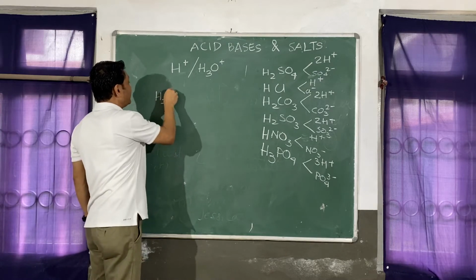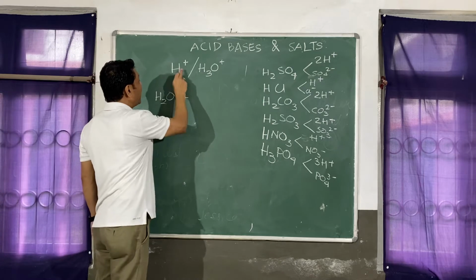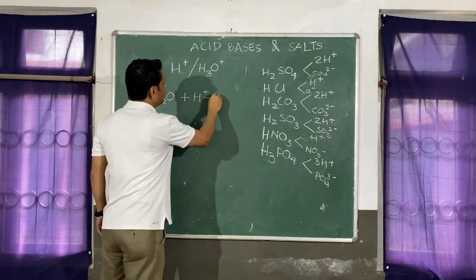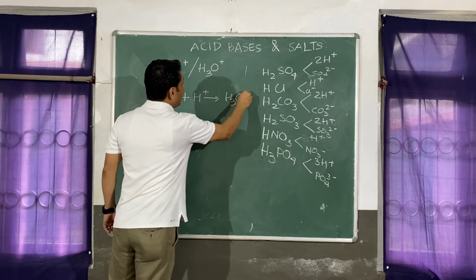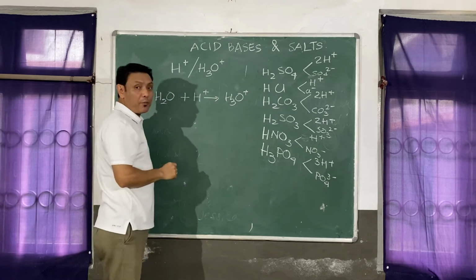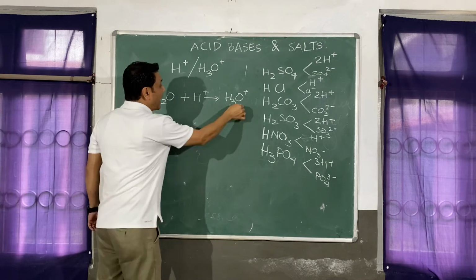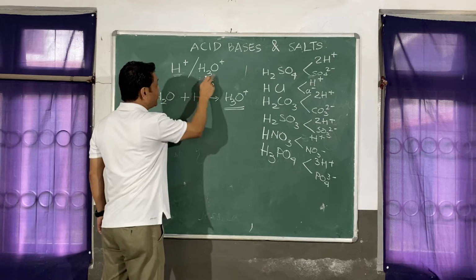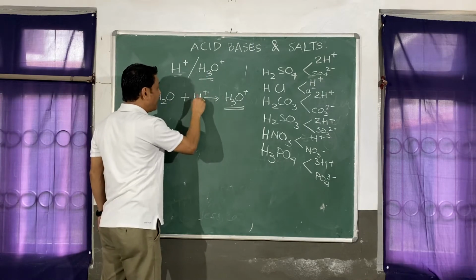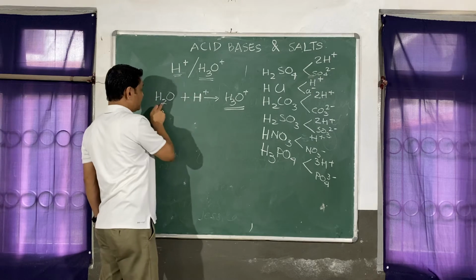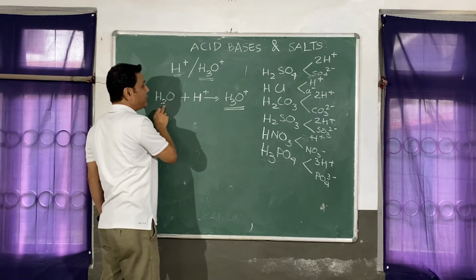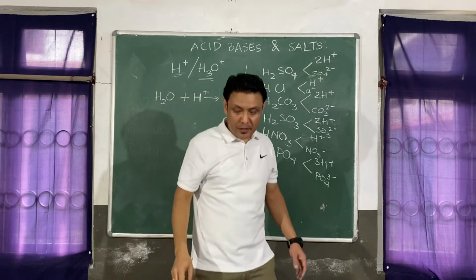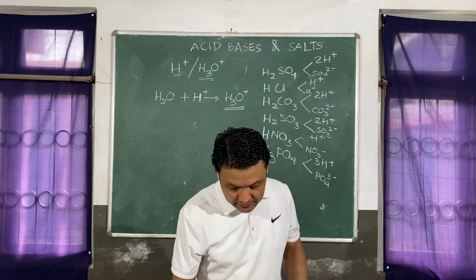When hydrogen ions combine with water, it produces hydronium ions, H3O+. So we can call it hydrogen ion or hydronium ion. That's all you have to remember here. We'll do that in detail in the next chapter.